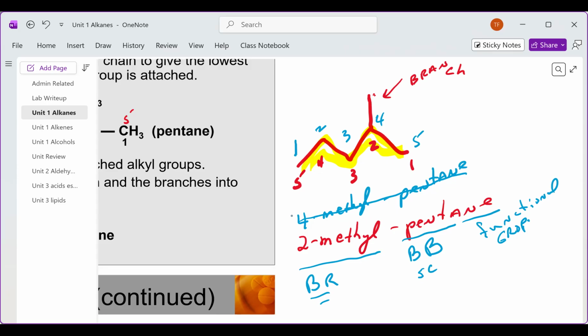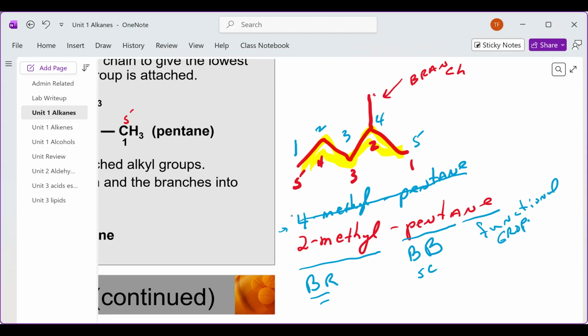Okay, so when we're in this subunit, alkanes, and the next one, alkenes, you need to number 2 ways, because a lot of people always start numbering from the left. Well, in this case, if we numbered from the left in blue, we would have ended up with the 4-methyl. Numbering from the right, we end up with the 2-methyl.